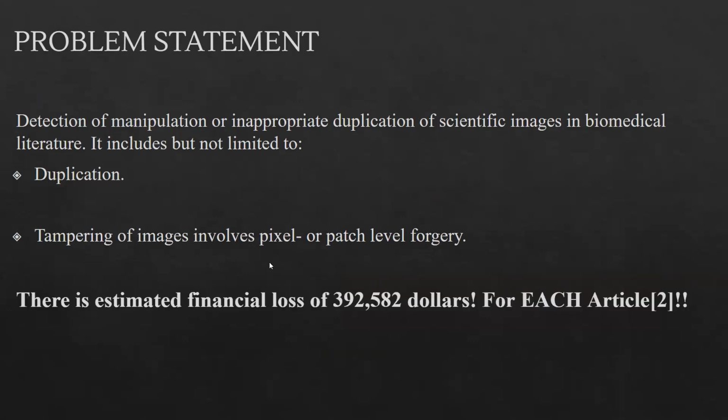My main focus point is that the authors also mentioned an estimated financial loss of $392,582 for each article that is retracted for these kinds of manipulation tasks, which is a pretty huge number.